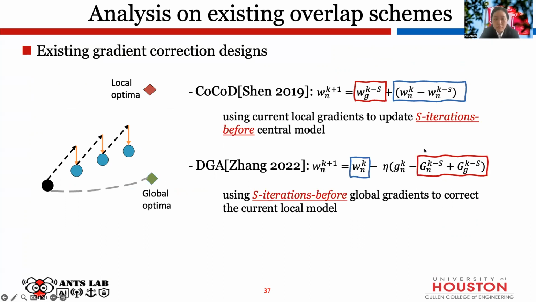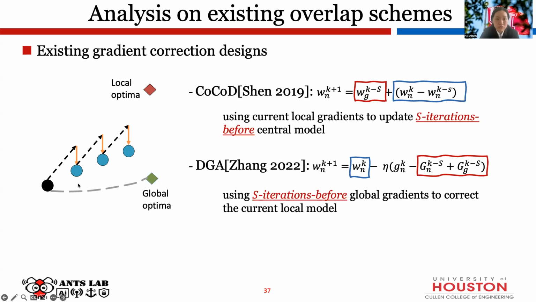In the meantime, they require the user to store the old version of the local gradient as well. So the basic idea of those gradient corrections is to leverage the global information in a one-step update to correct the local update directions to be closer to the global directions, so that they can bound the model differences between the local model and the global model.